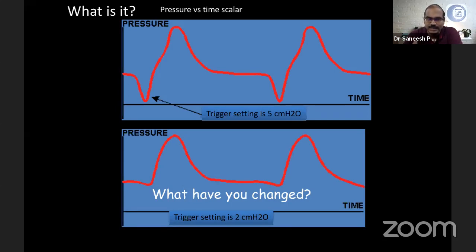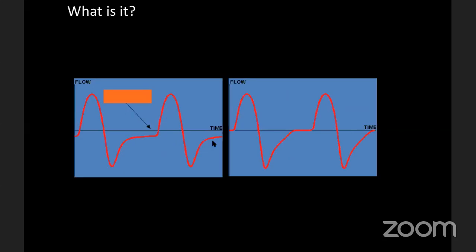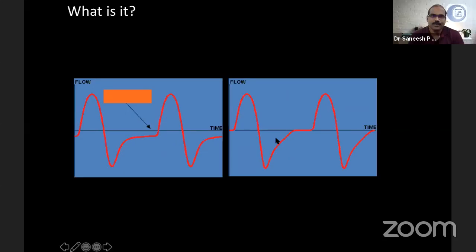What we can do is avoid damage to the lungs and not increase the stress to the patient. So you give a trigger setting of maximum 1 to 2 centimeters of water. Okay, fine.